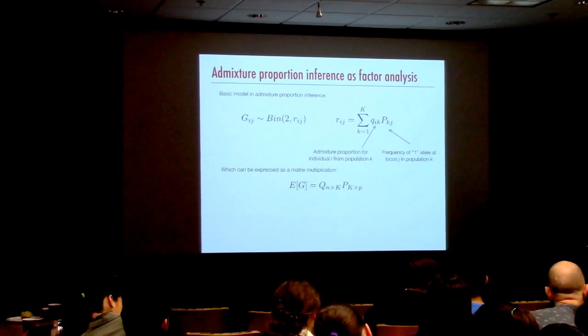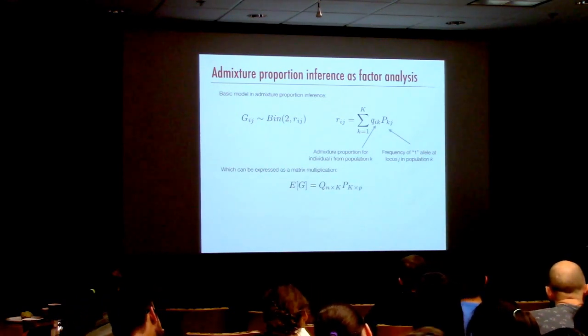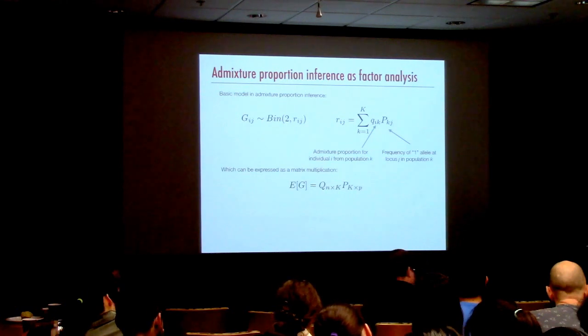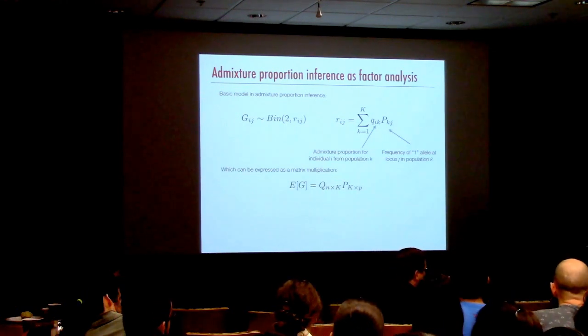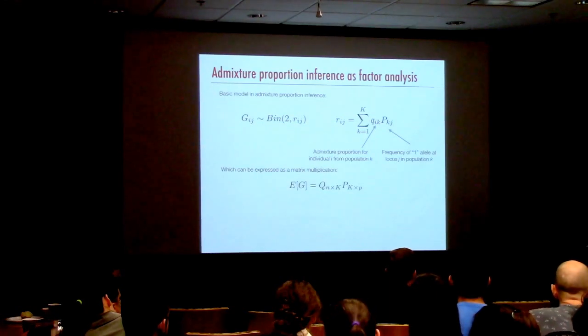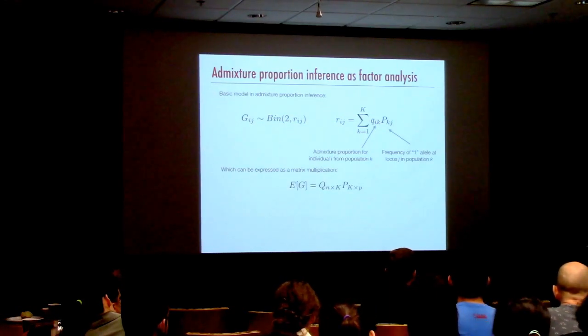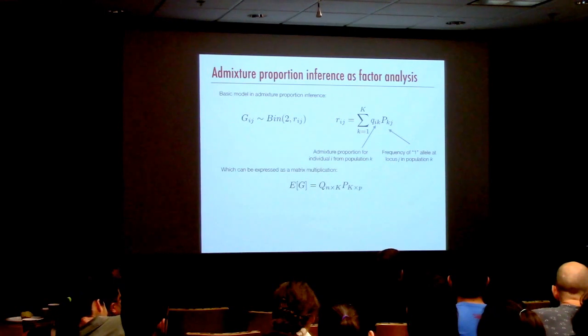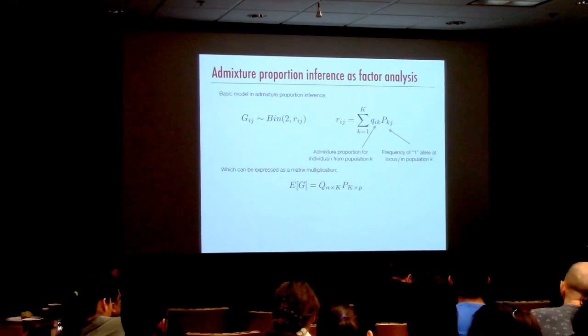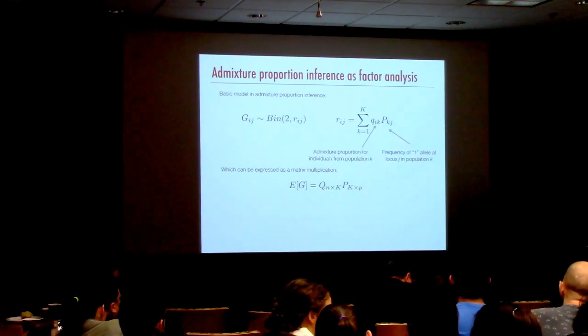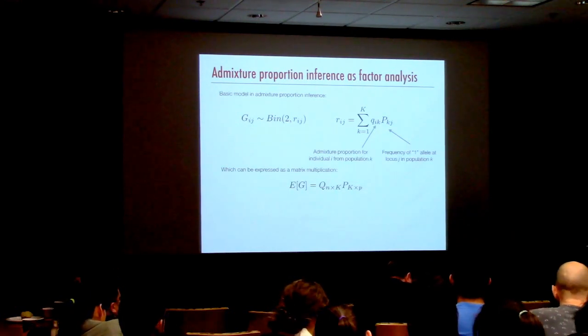So this model assumes that the mother and the father come from independent ancestry, because it's binomial with 2 and r_ij. If your mother is African American, then your father is independently drawn from the same distribution. There's no correlation between them; they're drawn independently, but from the same ancestry proportion vector.